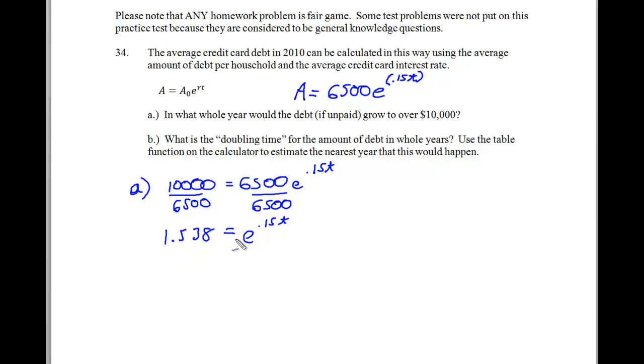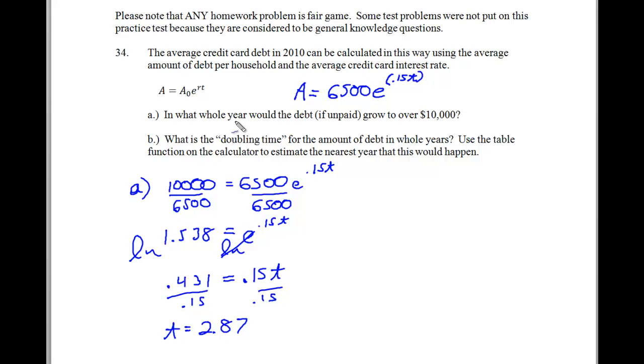And to get rid of the e, we'll just take the natural log of both sides. The natural log of e does simplify to 1, so this is 0.15t on the left-hand side. The natural log of 1.538, or 1 and 538 thousandths, is going to be 431 thousandths. So we divide both sides by 0.15, and we get a t value that's approximately 2.87.